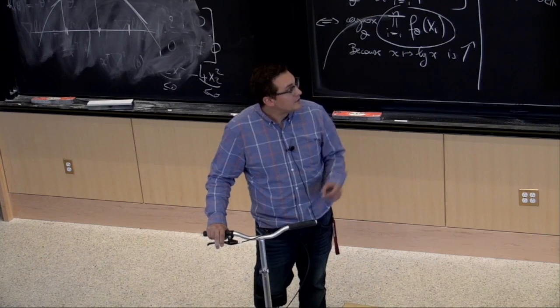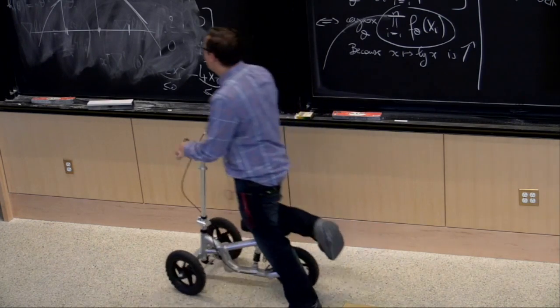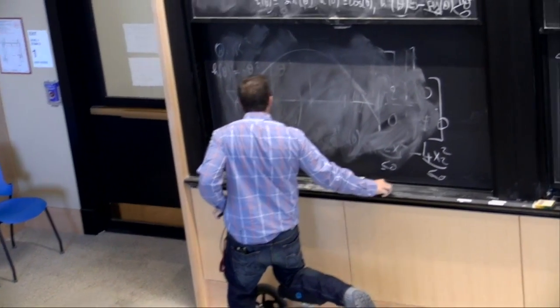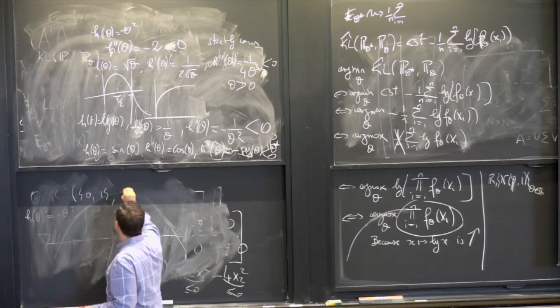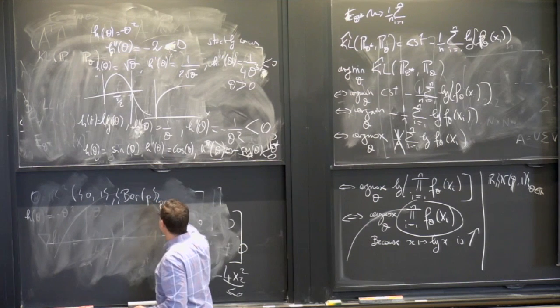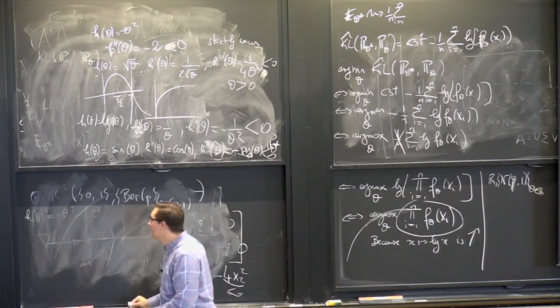Okay, so think of Bernoullis, for example. Here's my example of a Bernoulli. My model is {0, 1}, Bernoulli(p), where p is in the interval (0, 1).